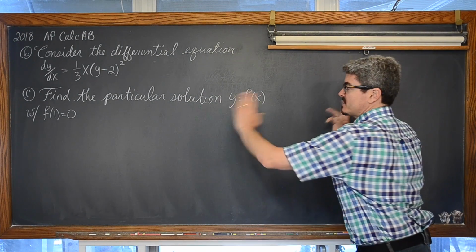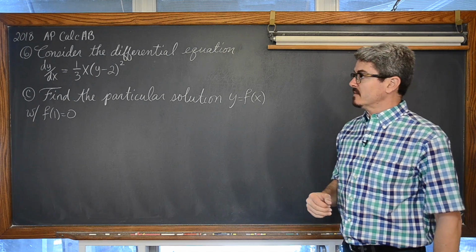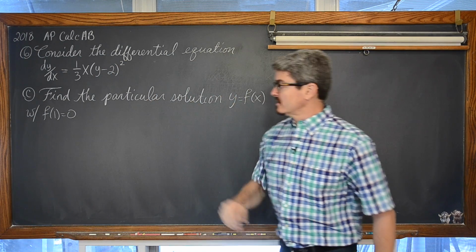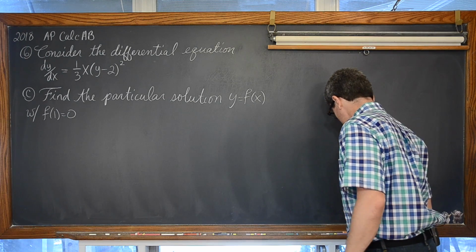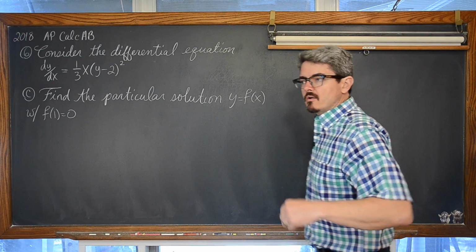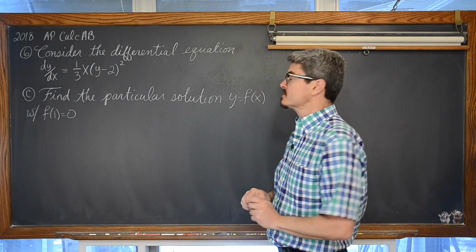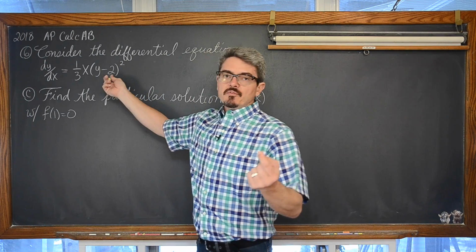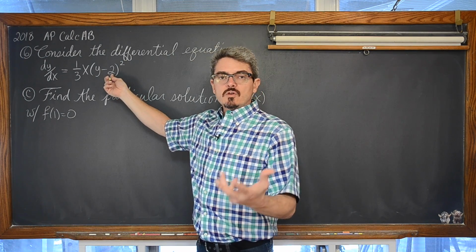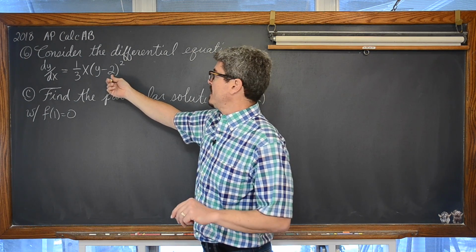And for the last part, C, we're going to find the particular solution to the separable differential equation using that initial condition of f of 1 is equal to 0. So this is solving separable differential equations. My students would have seen this in chapter 6 of our Larson book. It's the only type of differential equation we need to worry about solving in calculus AB, or BC for that matter.